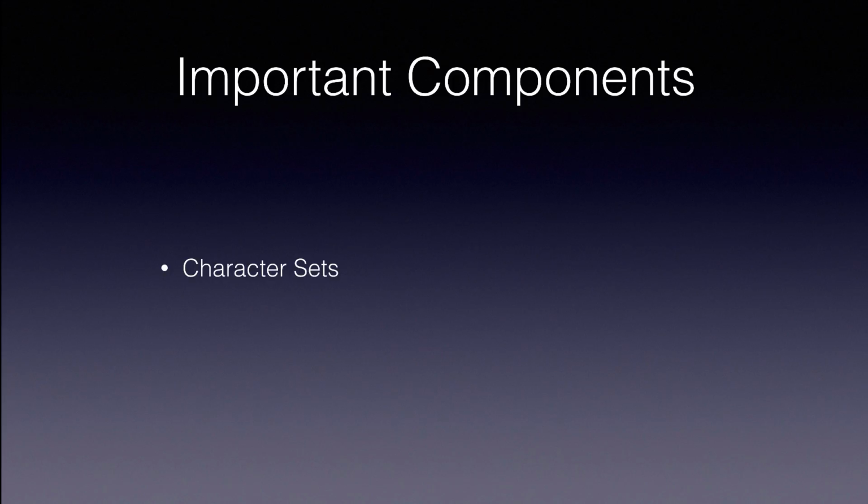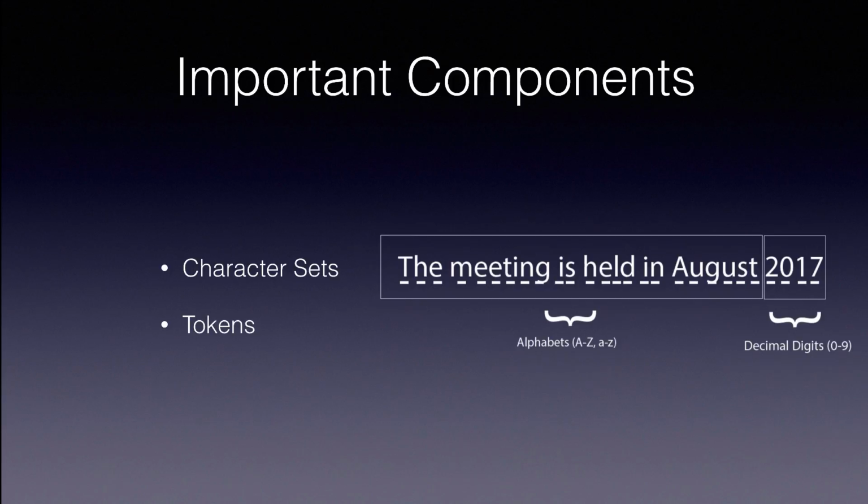At this point, I want to teach you two important components which we need to understand. First one is character sets, and second one, tokens. Let me give you some basic idea about these two items before we get into the details. Take a look at this example sentence: the meeting is held in 2017.